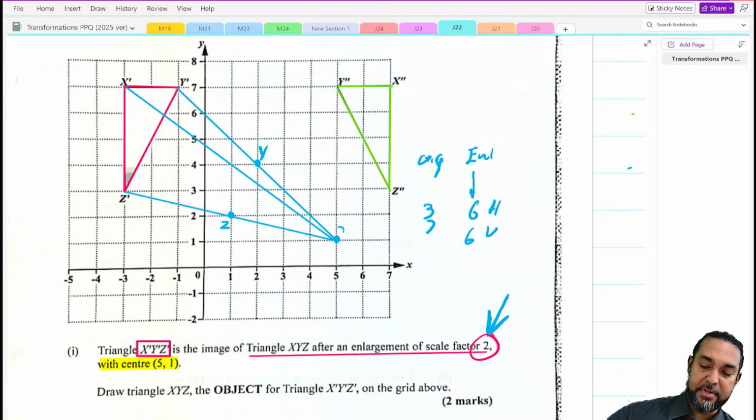To go from the center to that point there, we have to go how many spaces? 1, 2, 3, 4, 5, 6, 7, 8. And then 1, 2, 3, 4, 5, 6 up. So here it would just be 8 and 6. And again, that's when the scale factor is 2, so you went double the distance. So to go back to the original point, you have to find half now. Half of 8 is 4, half of 6 is 3. So 1, 2, 3, 4, and then 1, 2, 3.